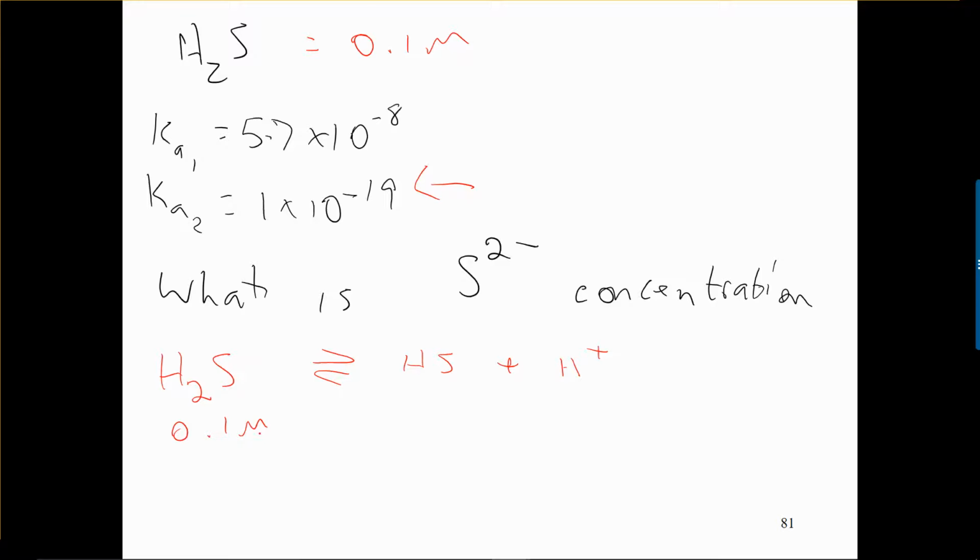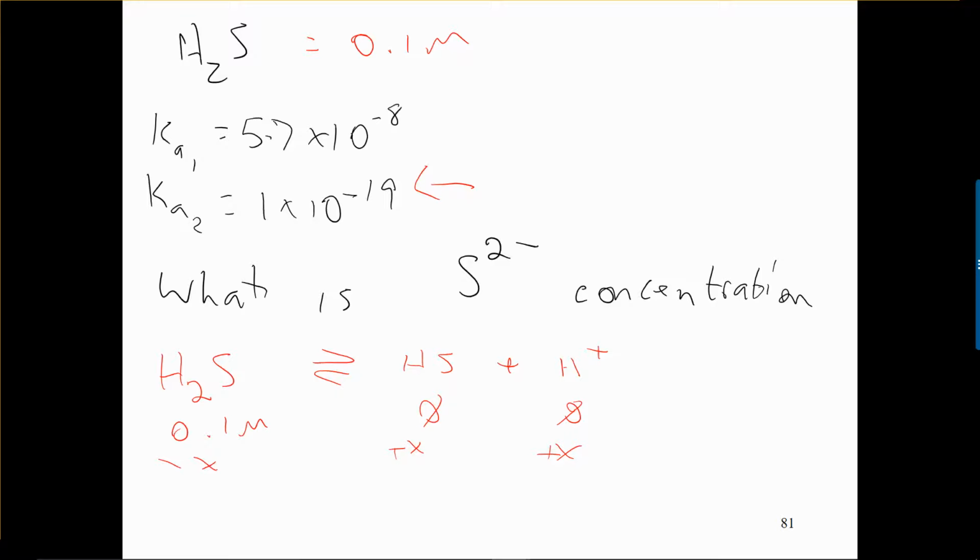So 0.1 molar. This is 0 and 0. This is minus X, minus X. I'm sorry, this is minus X, plus X, plus X. Okay. So then we can find out what X is.